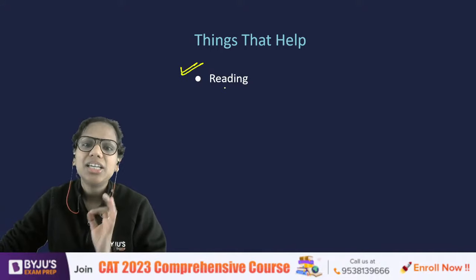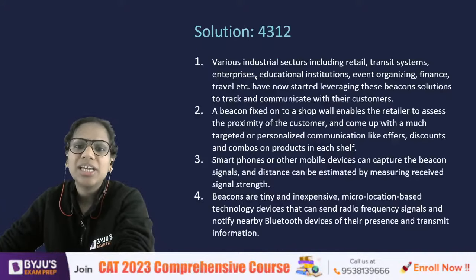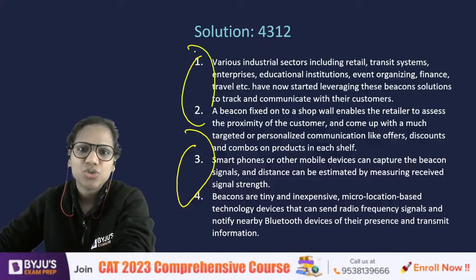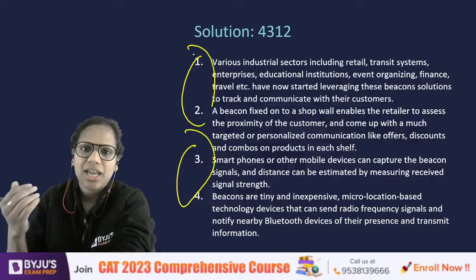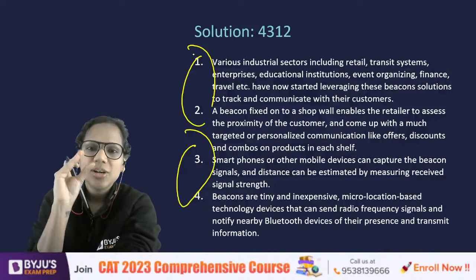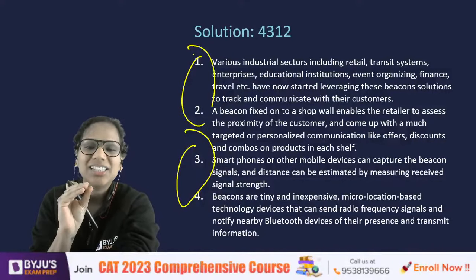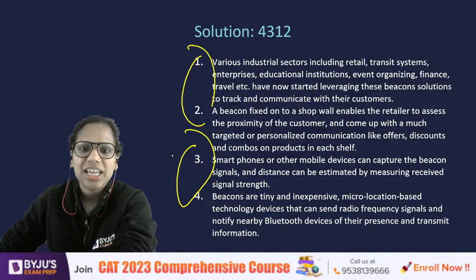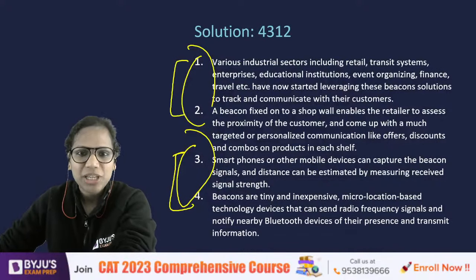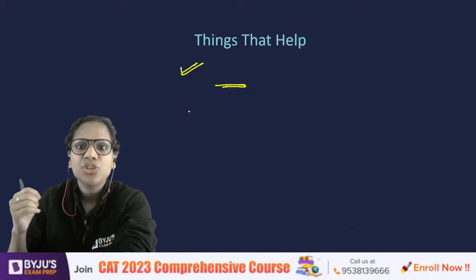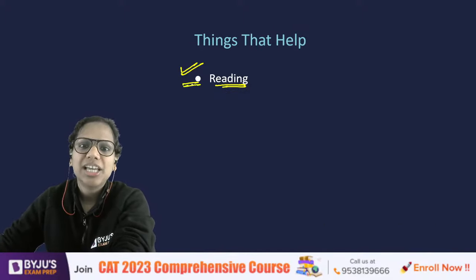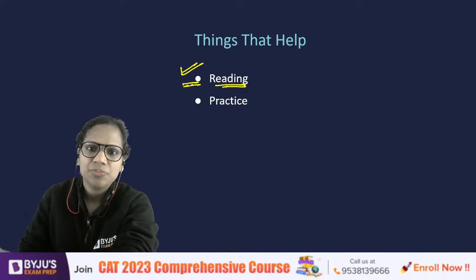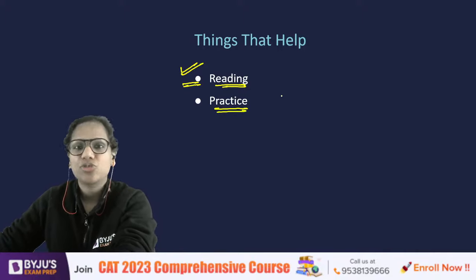So read in general. For instance, how did I realize that this should be 4, 3, I mean this should come together and this should come together? Through reading. I've now got used to placing things that are thematically related together. Talking about tech, these two will come together; talking about application, these two will come together. So reading helps you to realize those pocket themes. Then practice as many parajumbles as you can.